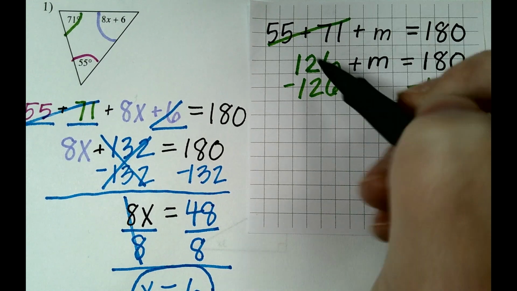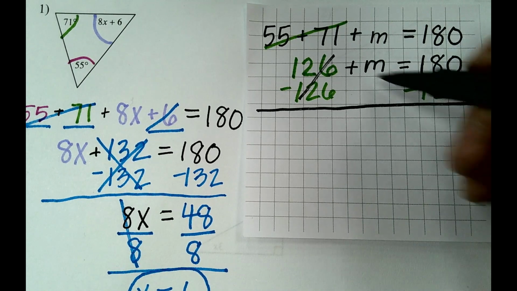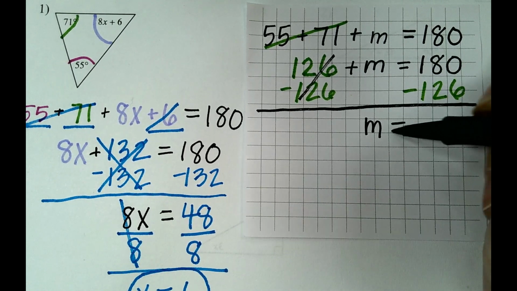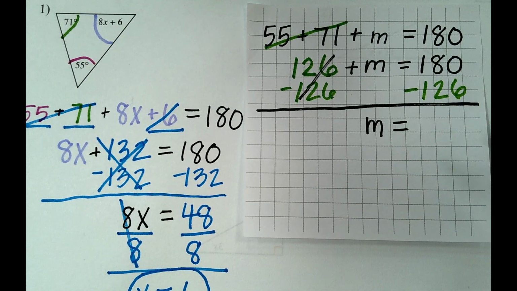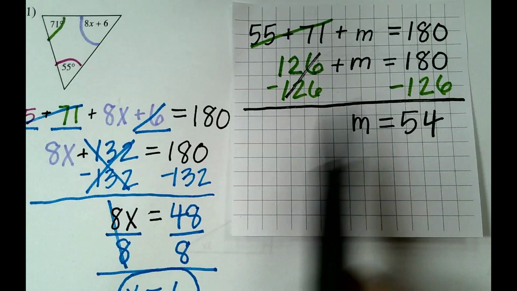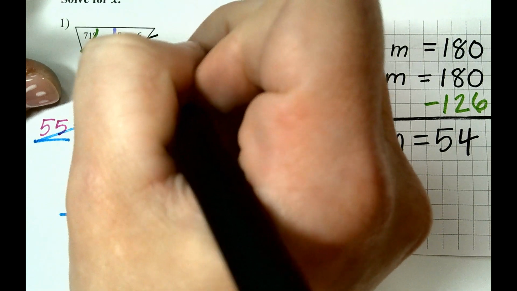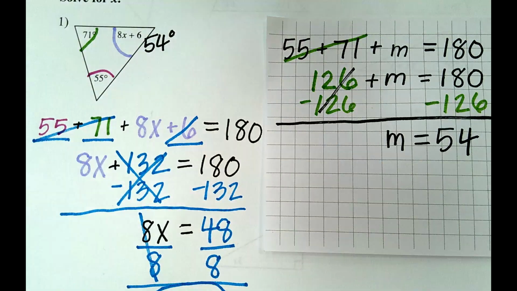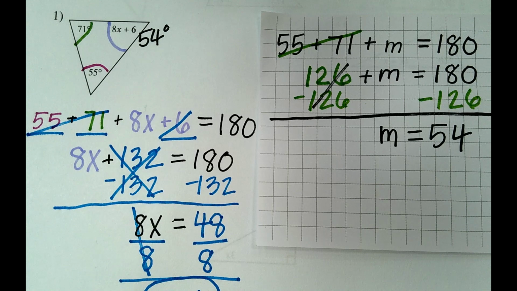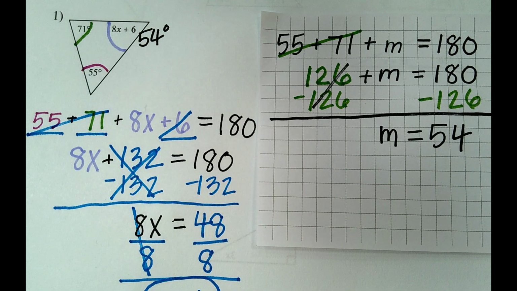Okay. So that would leave us with our missing angle equaling what? 54. Okay, so now that we know that this missing angle is 54 degrees, I'm guessing what was the next step you took? You said 54 equals 8x plus 6?